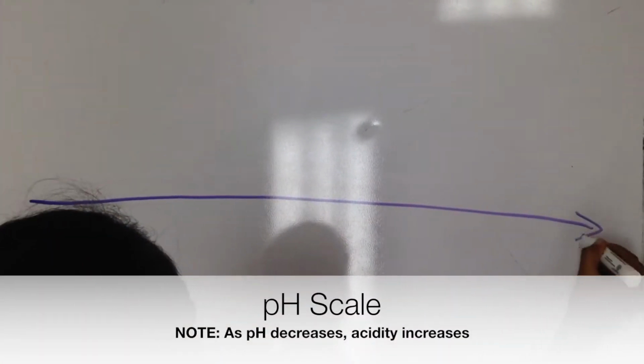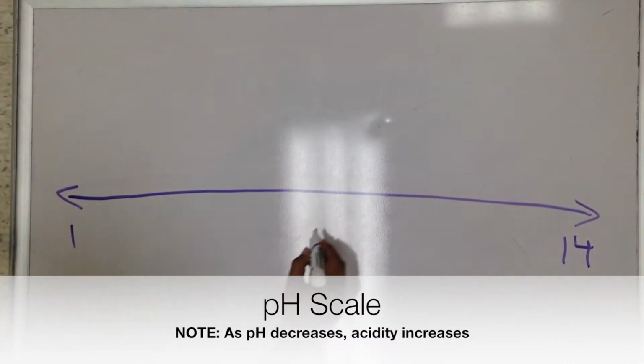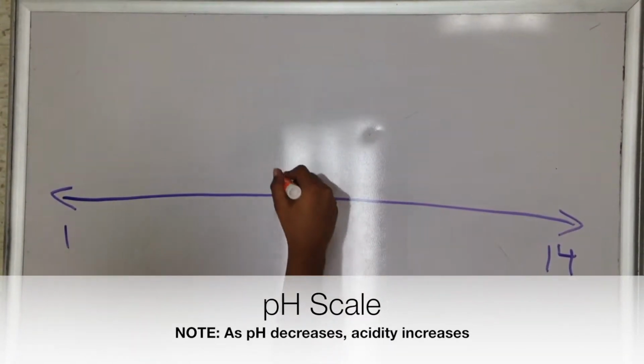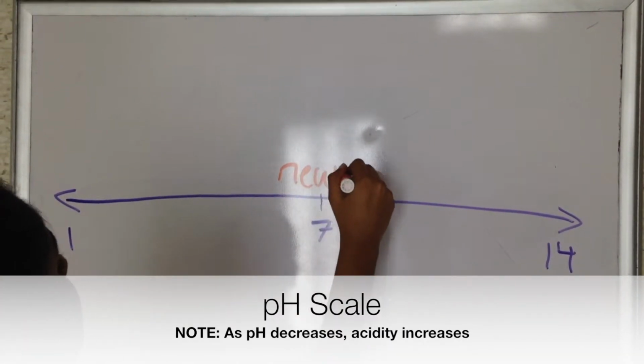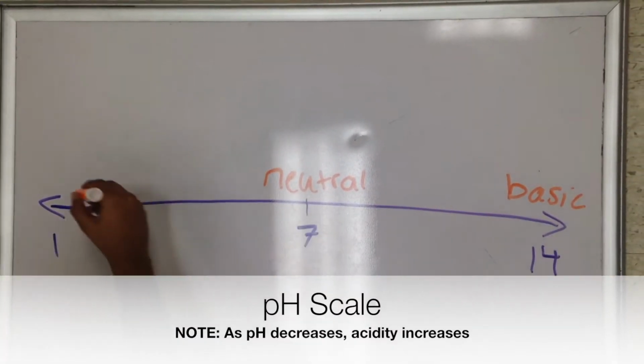In order to understand ocean uptake, one must understand the pH scale. The pH scale usually goes from 1 to 14, where 7 is neutral, 14 is basic, and 1 is acidic. Note, as the pH decreases, the acidity increases.